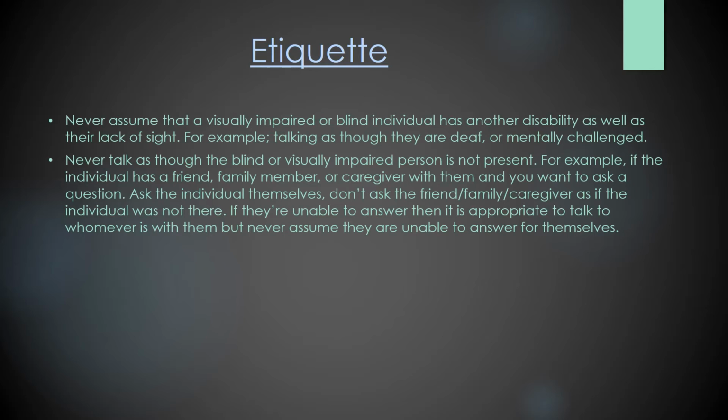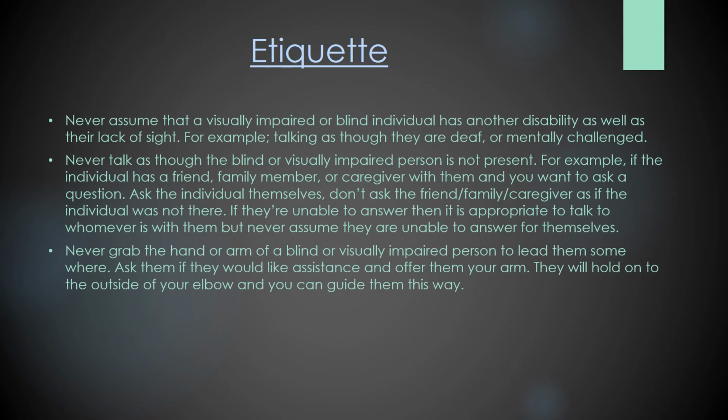Don't ask the friend, family, caregiver as if the individual was not there. If they're unable to answer, then it is appropriate to talk to whomever is with them, but never assume they are unable to answer for themselves.